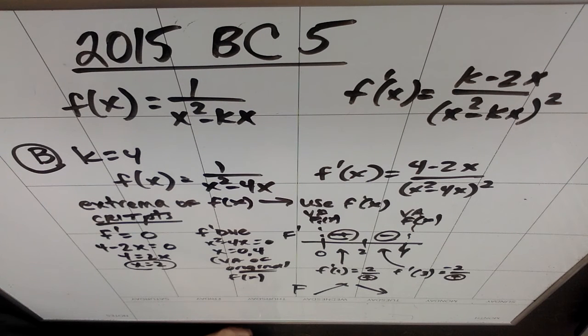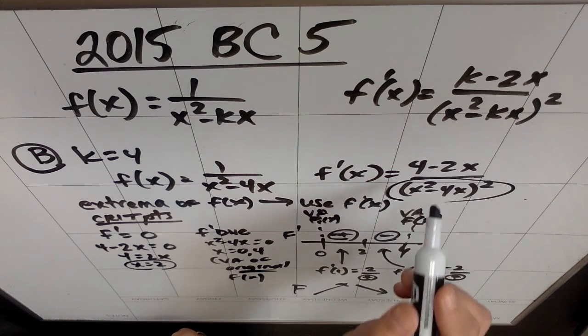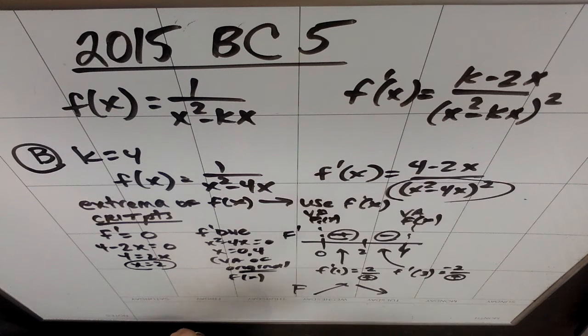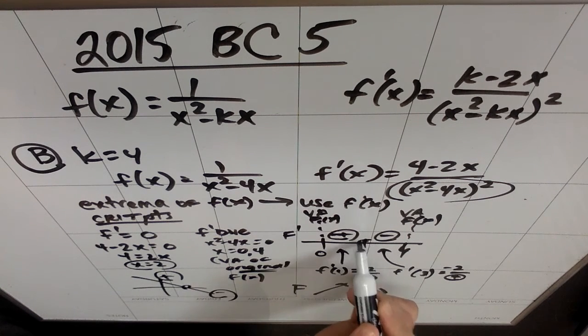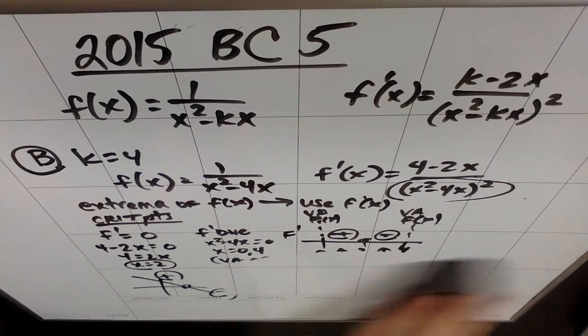So there's a bunch of different ways to see that. The other logical way to see it is to realize that if you were to make a sign chart for f prime, this denominator is always positive. So this guy is going to behave like a line with a negative slope, and in the sign charts that we've seen before, a line with a negative slope is positive, crosses 0, and becomes negative. So you've got a max, and the way to explain it is that your f prime changes sign from positive to negative.